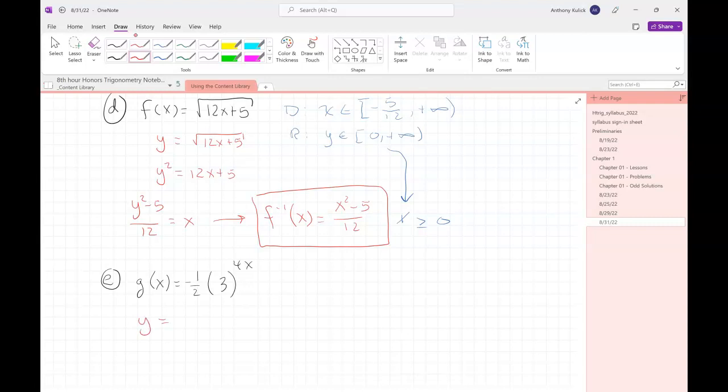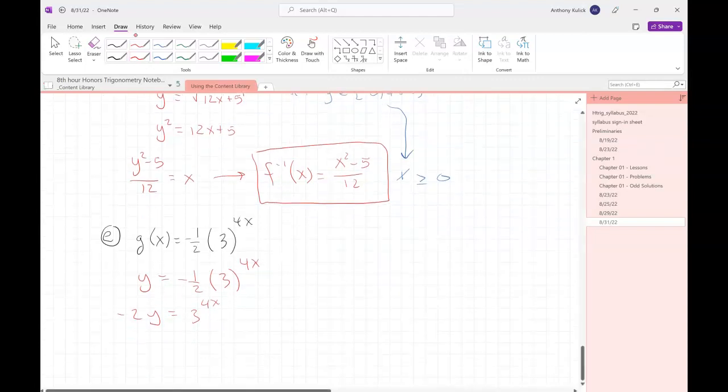So, rewriting this with a y. What's the first thing I have to do to get that x by itself? I'd get rid of the negative 1/2 out front. So multiply both sides by -2. We good there?